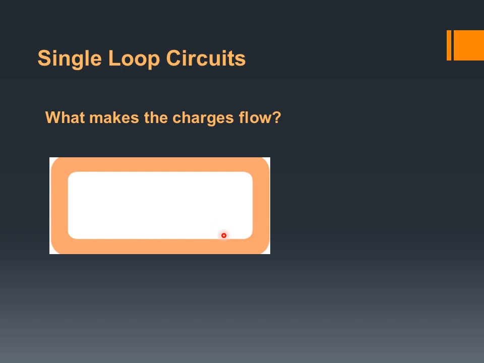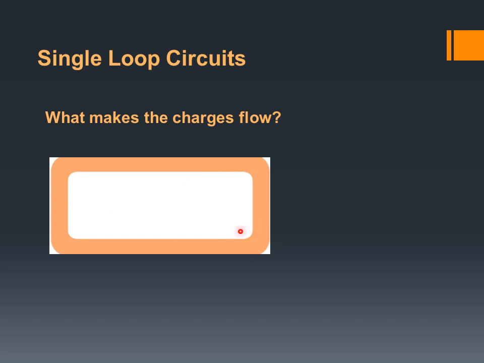if it is not connected to any battery, then there is no current inside this conductor. Although there are free electrons which are moving randomly, they are not moving in a particular direction, so there is no current. But when you connect it to a battery, what happens?